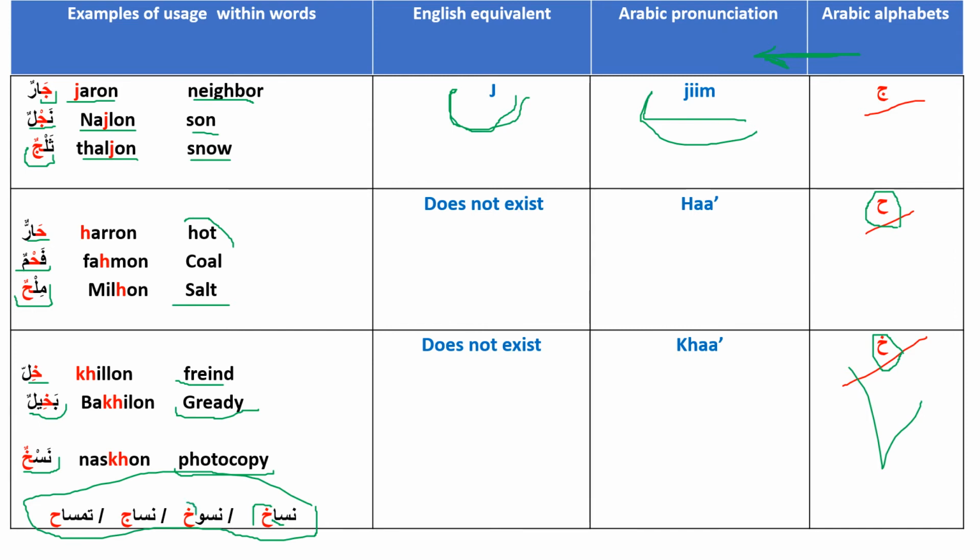The same here, Nusukhun, or Nasukhun. We have Waw before Kha, so it is written separated. The same here, Nassajun, a weaver. And here, Timsahun, crocodile. The point is, if the letter Kha or Jim or Ha comes at the end of the word, after Alif or Waw, it's written separately.